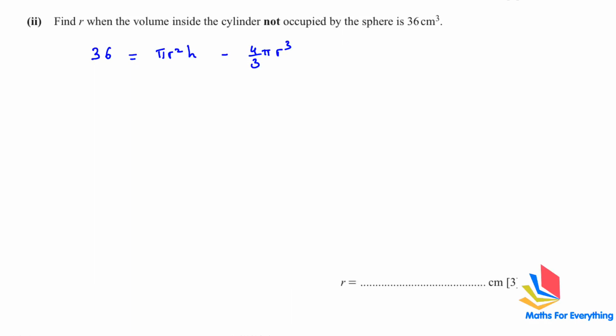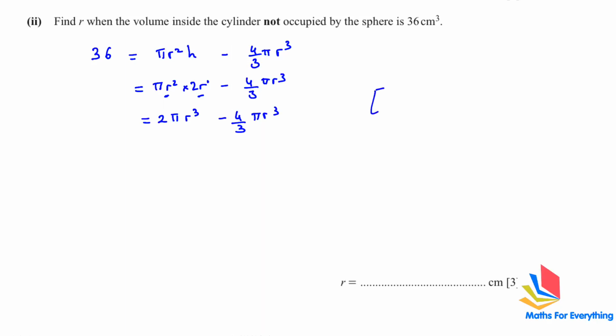H is also given to us that it is 2r. So we'll simplify this, we'll get 2 pi, because the base is the same, you can add the powers. So what is the power of r here? 1. That will give us r cube minus 4 over 3 pi r cube.